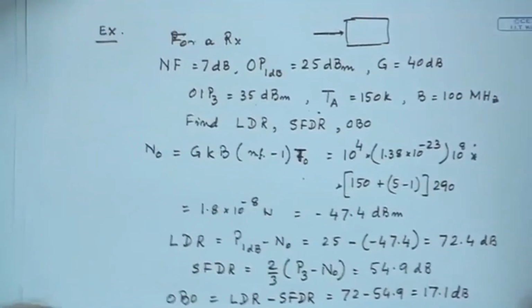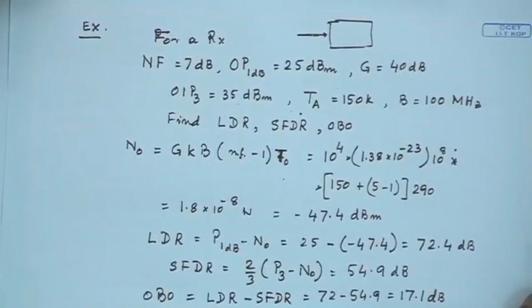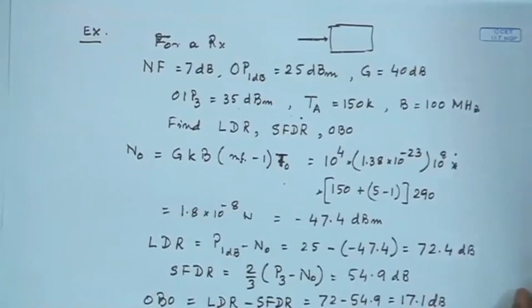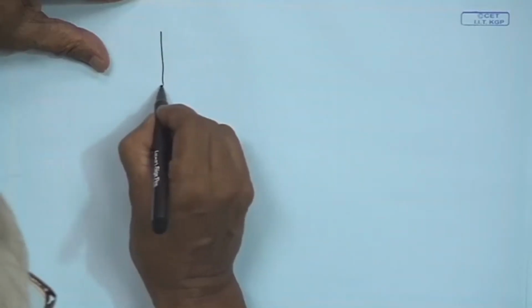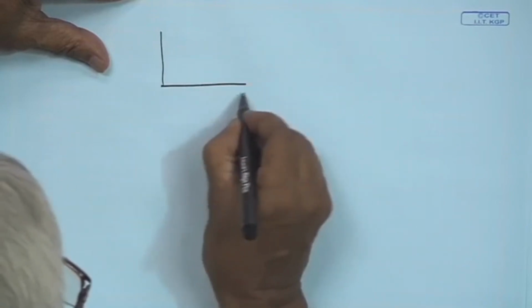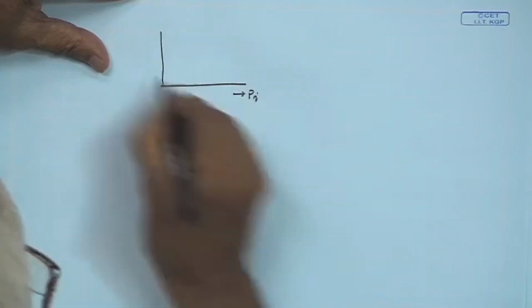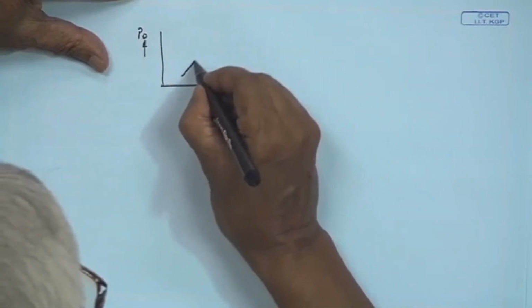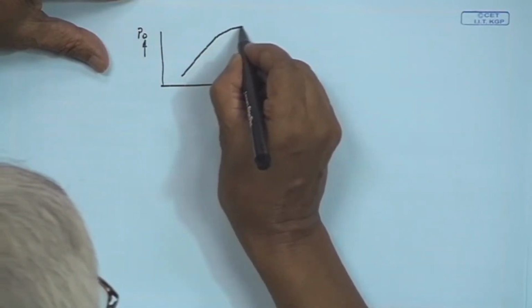Now, this is just an example for you to work out. A similar example we will try to give in the assignment. So, let us see the three effects we have seen. Power in to power out in dB, the curve goes like this, linear and then nonlinear.